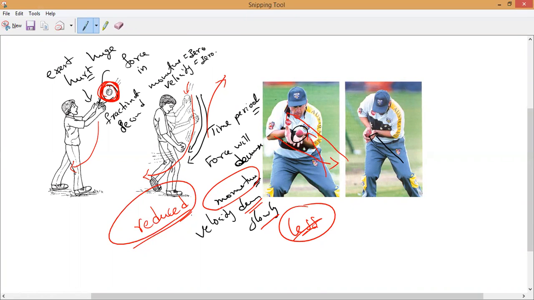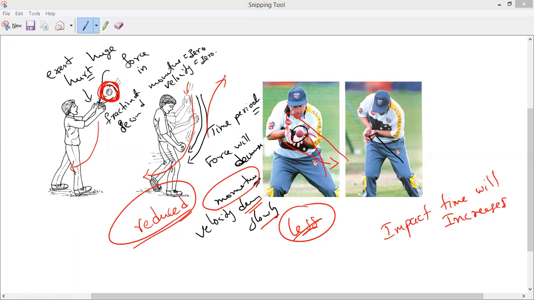So that is why while catching the ball, we always have to move the hands in the same direction of motion of the ball, so that the impact time increases. If impact time increases, the rate of change of momentum decreases.